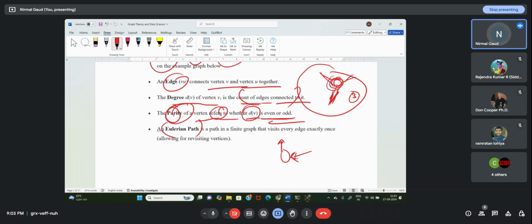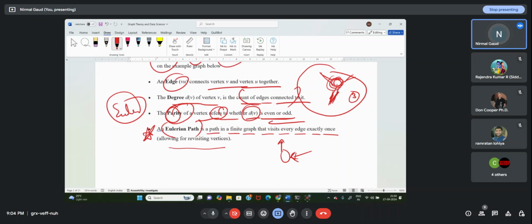We do have a Eulerian path, that is important, because Euler, after getting the problem of the seven bridges, told that it is a path in a finite graph. Finite means we have a finite number of nodes and edges. A path that visits each edge exactly once, allowing for revisiting the vertices.